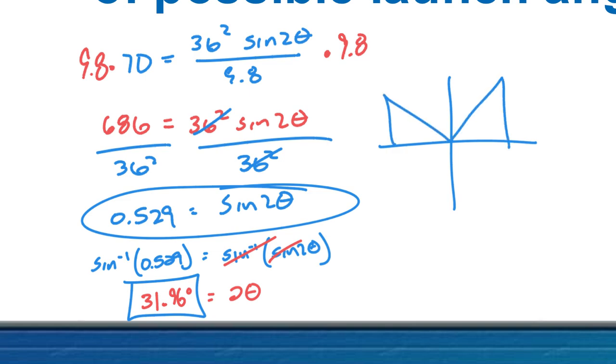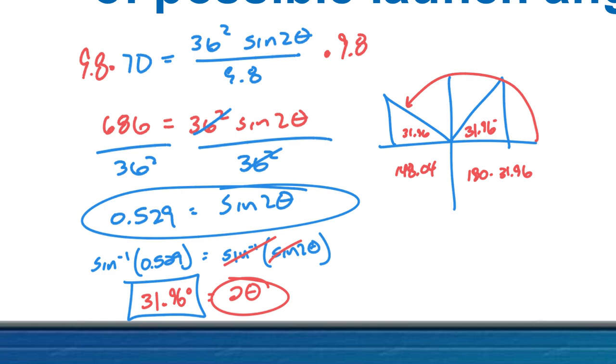So the calculator told us, it's not a reference angle, so we had to use a calculator. The calculator told us that we would get 31.96 degrees. Okay, well, to figure out this angle here, again, 31.96, if I just do 180 minus 31.96, we get 148.04.